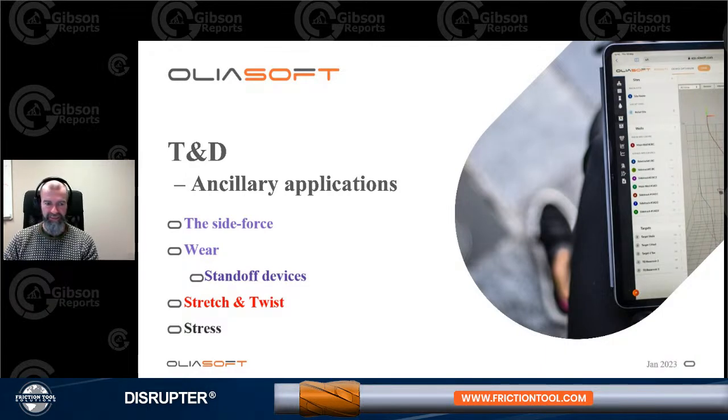Obviously, when we go into stretch and twist and into stress analysis, we start also to depend upon the tension calculation from the torque and drag analysis. And obviously, choice of model here plays an important role as well. But once we have a tension result, it's possible to get a stretch and twist calculation. It's also possible to calculate the stress.